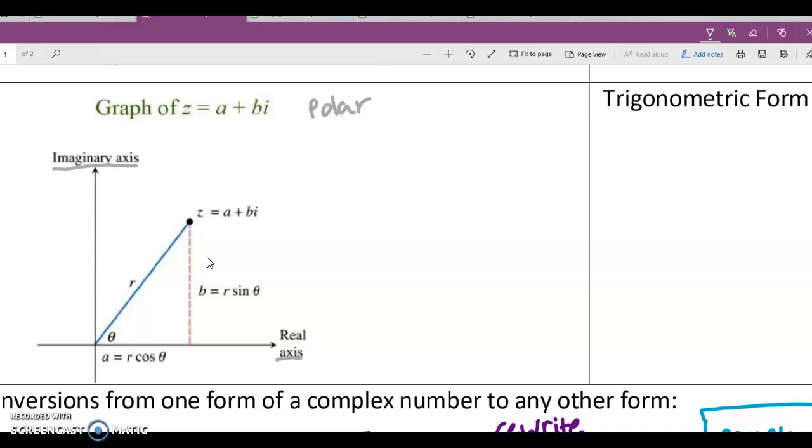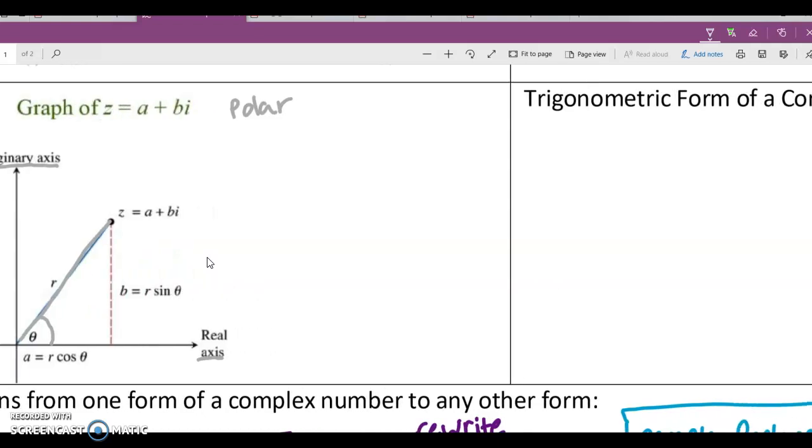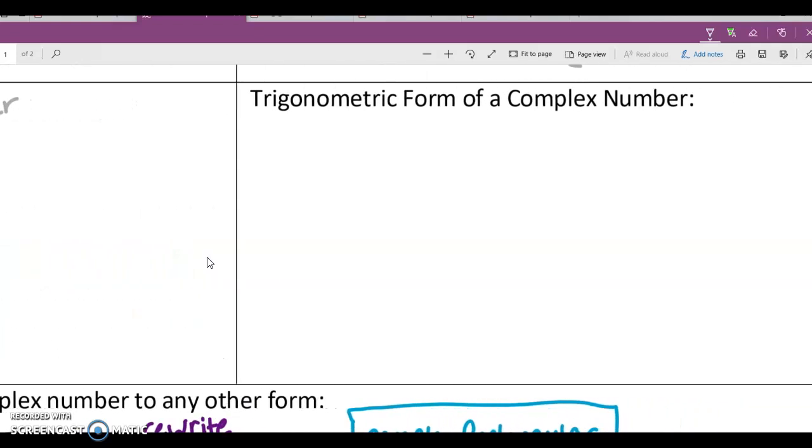The only difference is we are measuring the distance from the origin to our point z, and then the angle from our positive x-axis up to our line here. So the angle between our point and the x-axis. So this is where we go into trig form.